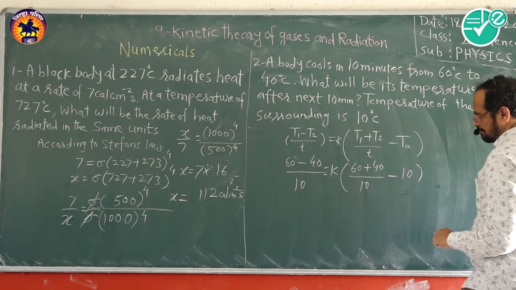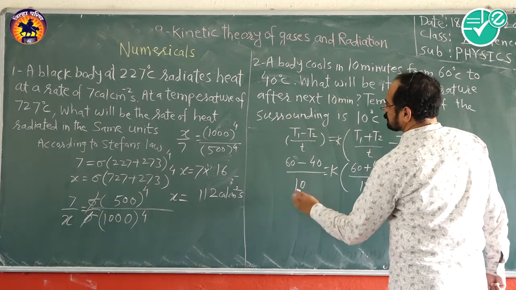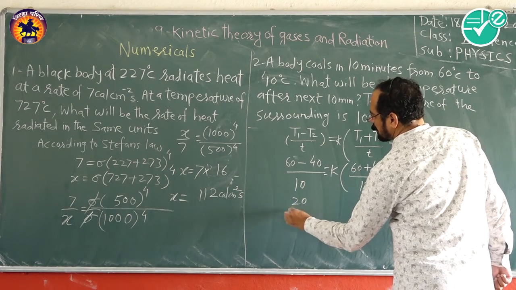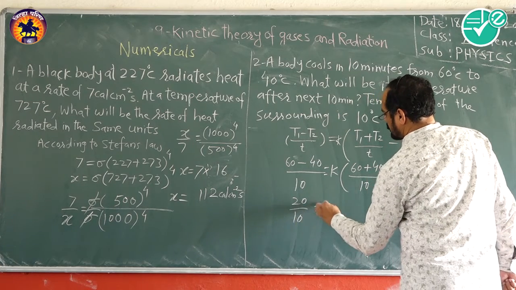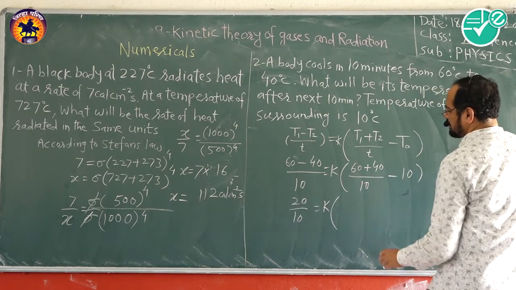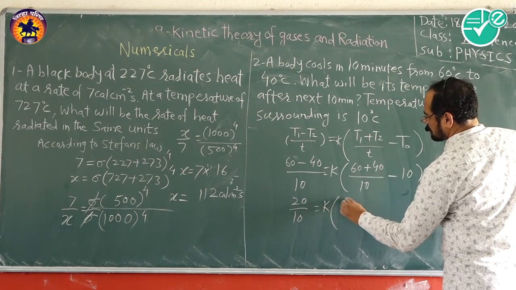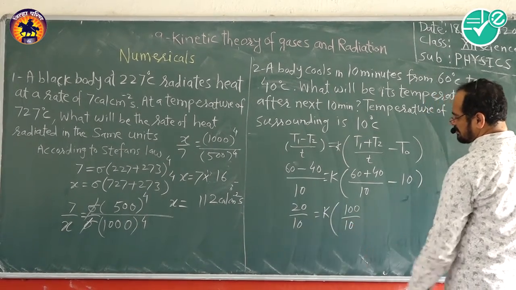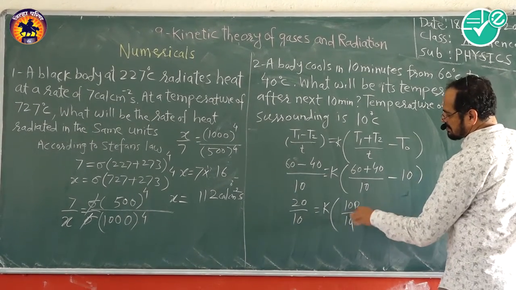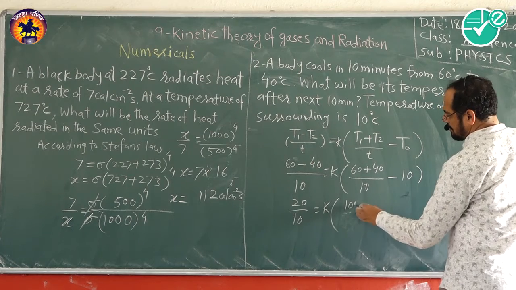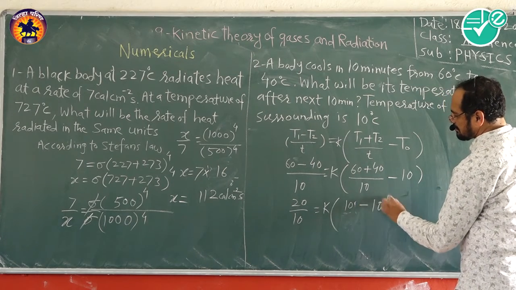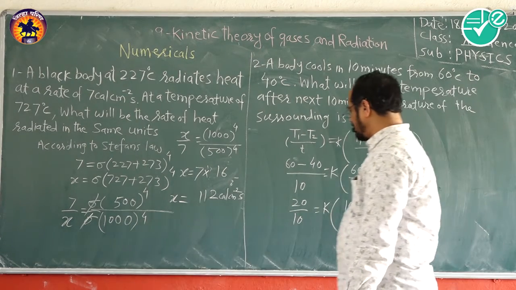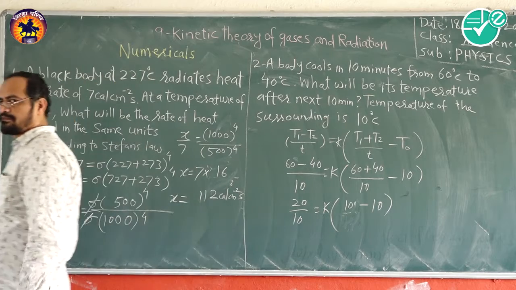So now 20 upon 10 is equal to K into (100 upon 2 minus 10).